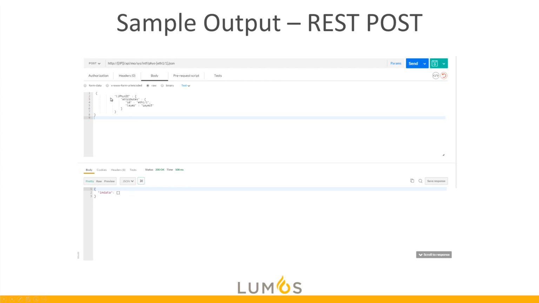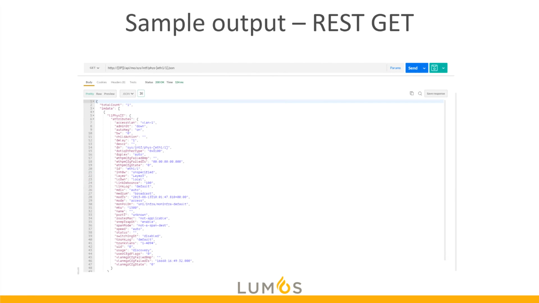Remember, it's asynchronous. So in a sample GET with Postman, we get the interface, and assuming we make our authentication properly and our call syntactically properly for the API MO, we're going to get back the total count and the imdata, and all the information. If we had sent this in .xml, we could have gotten it in XML. Instead, we're getting it in JSON.